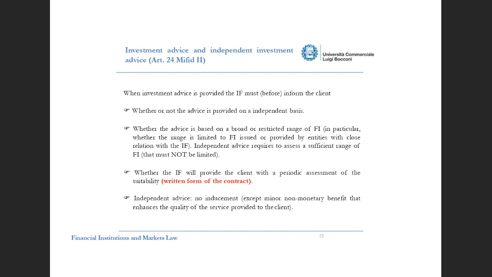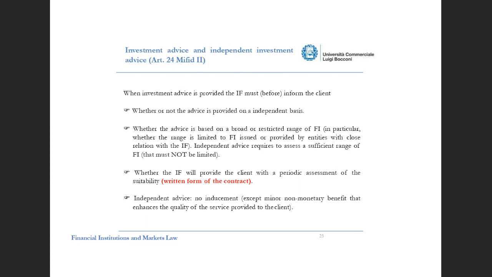So MiFID gives you two different models through which investment advice can be provided, and the expectation that many member states, including the UK before Brexit, had on MiFID II is that MiFID II would have stimulated an increasing amount of independent investment advice.